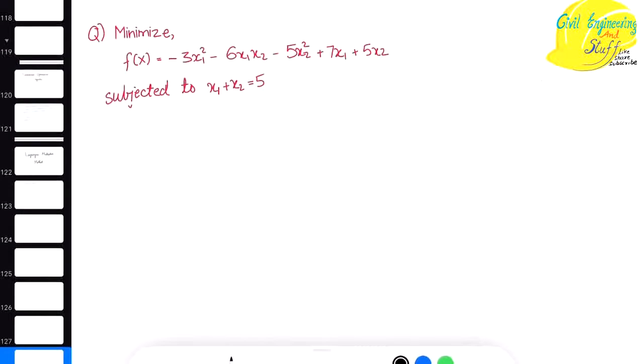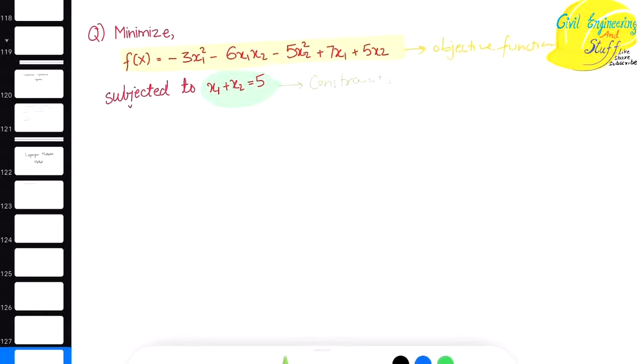Okay, so we have a question where we have to minimize the function subjected to x1 plus x2 equal to 5. This is our objective function, while this is our constraint.